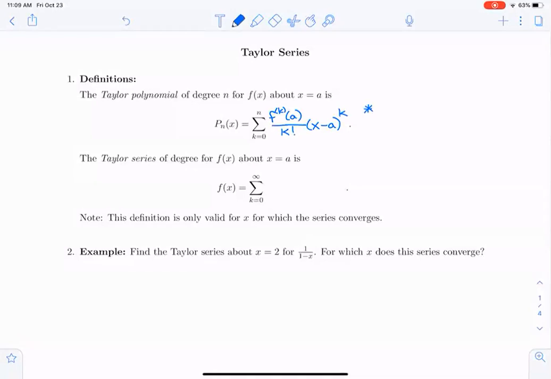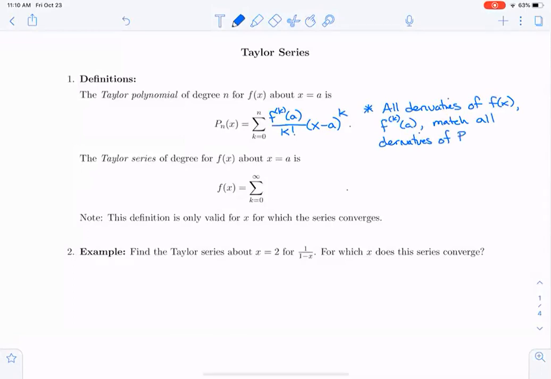So all derivatives of f of x, so those are f^(k) of a, match all derivatives of the polynomial at x equals a. So that's p sub n, the kth derivative at x equals a.